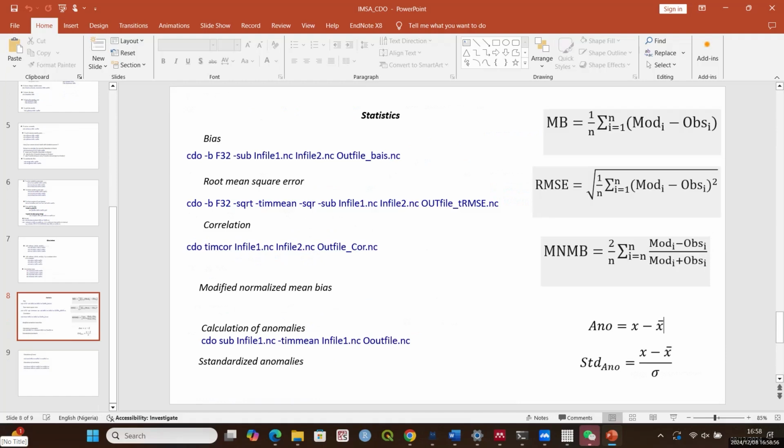So if we can calculate this one, it means we can also calculate such things in CDO, such as root mean square error, such as normalized mean bias. For example, we want to calculate the root mean square error.